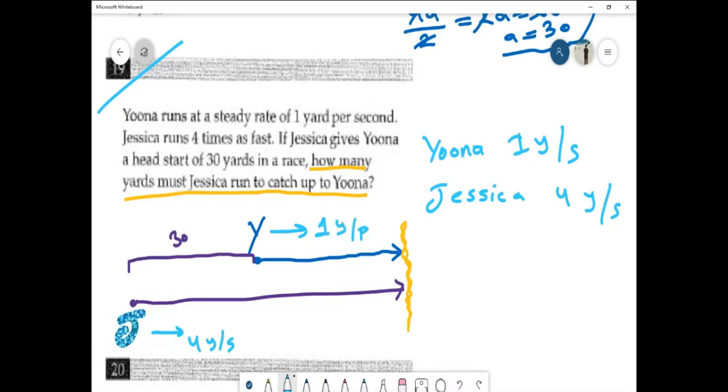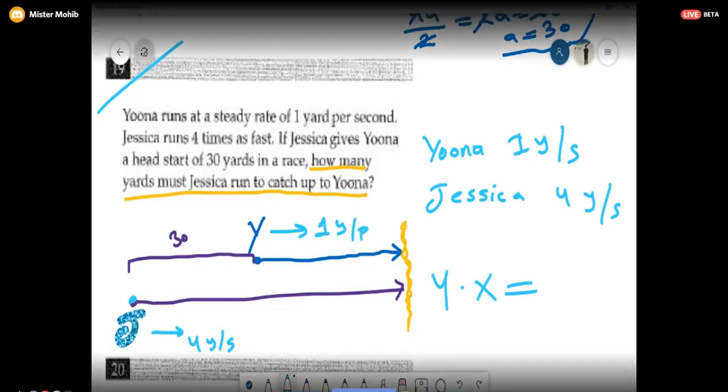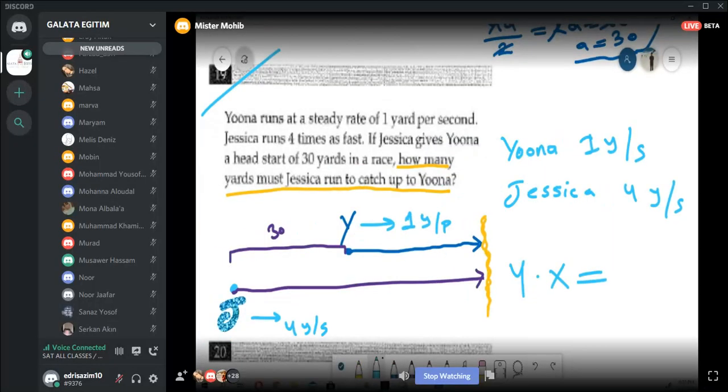This is 30 yards, because Jessica gives a 30 yard head start to Yuna, or Mona, let's say Mona. This is Jessica, J. Jessica is running 4 yards per second and Mona is running 1 yard per second.